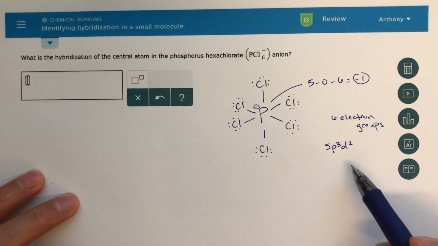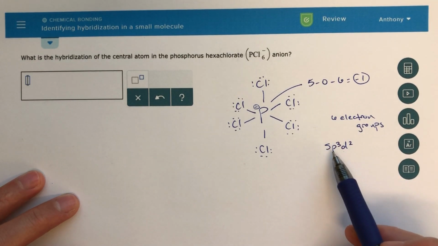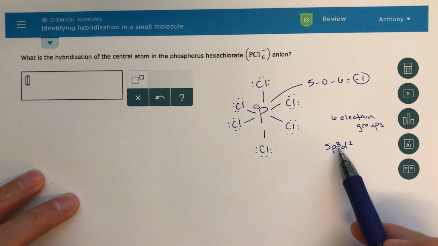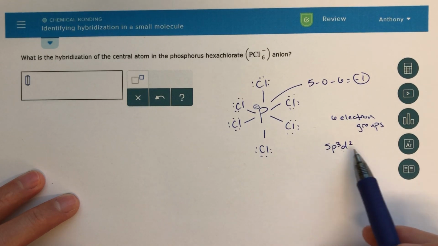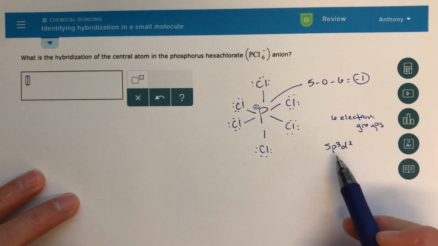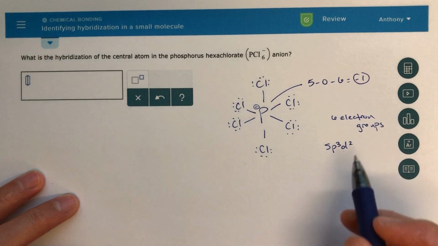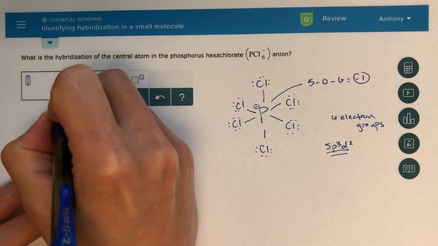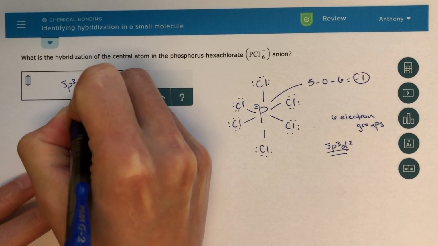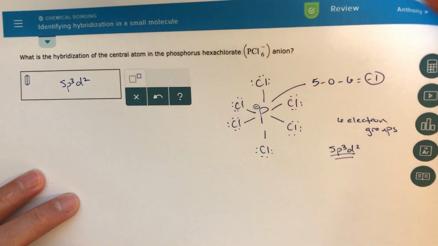So if I've got 6 electron groups, I'm going to need 6 hybrid orbitals. So 1 plus 3 is 4, plus 2 is 6. If you add these up, you get 6 hybrid orbitals. With sp3d2, I've got 6 different spaces for my electron groups. So that's going to be my answer for this one, sp3d2. All right, let's do one more, and then we'll do a summary.